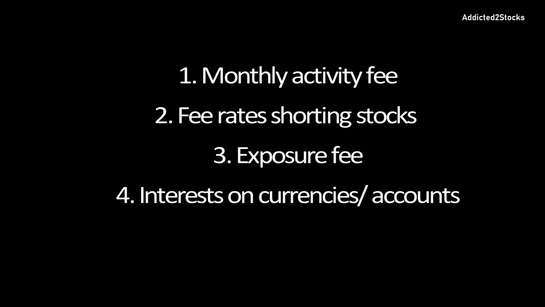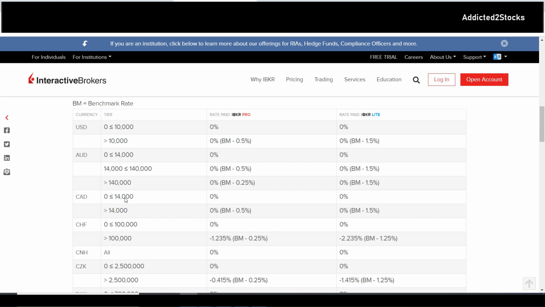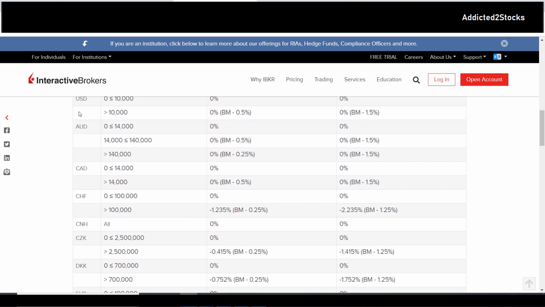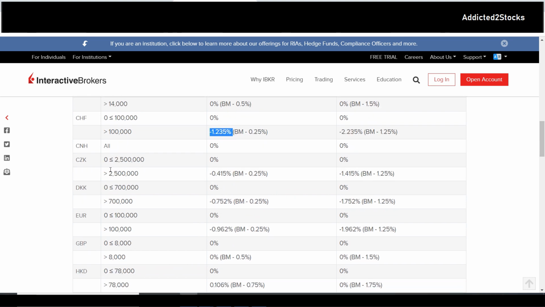Now, let's get into the most important topic from my point of view, and this is interest. You have to understand that if you're holding cash at Interactive Brokers over a certain amount, you'll be charged interest. On their website, they have very nicely depicted which interest you have to pay for every currency, and keep in mind that those rates can change over time.